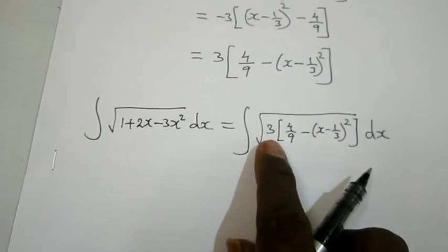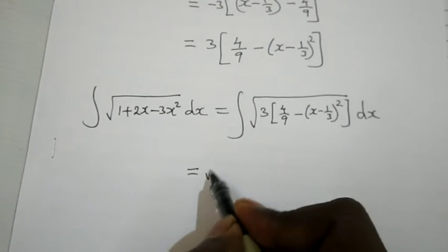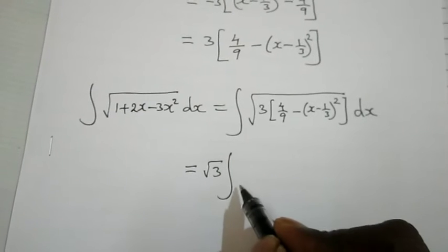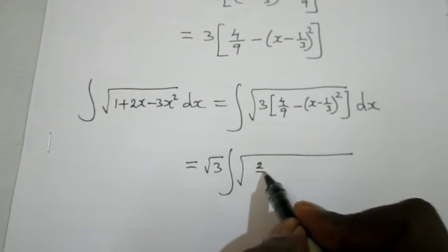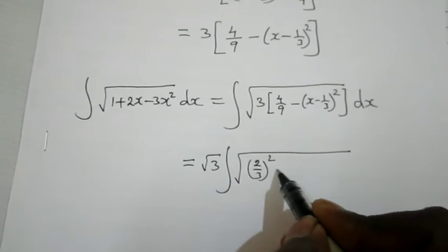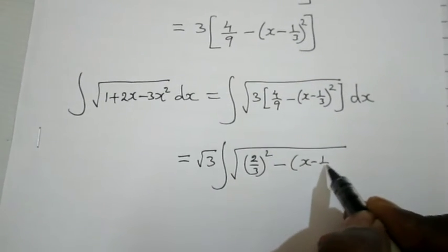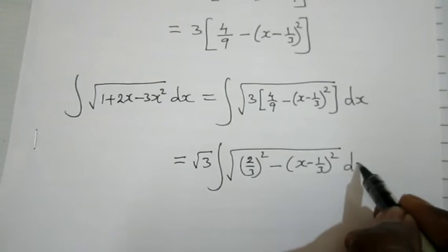Okay, this root 3 can be taken outside. So root 3 into integration of root of 2 by 3 the whole square minus x minus 1 by 3 the whole square into dx.